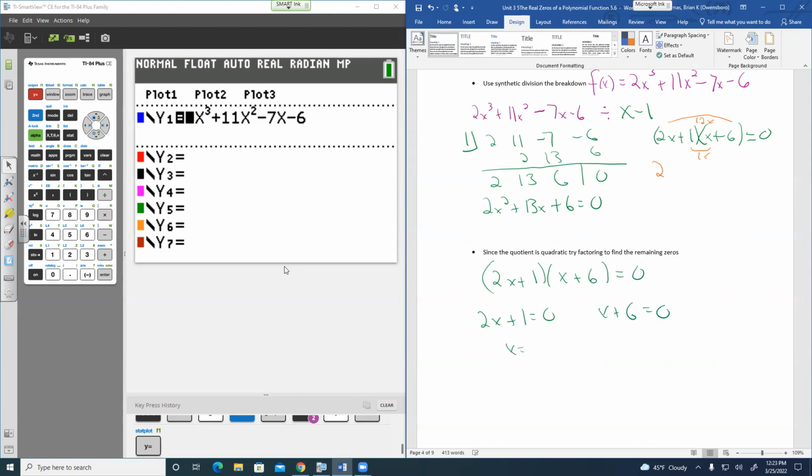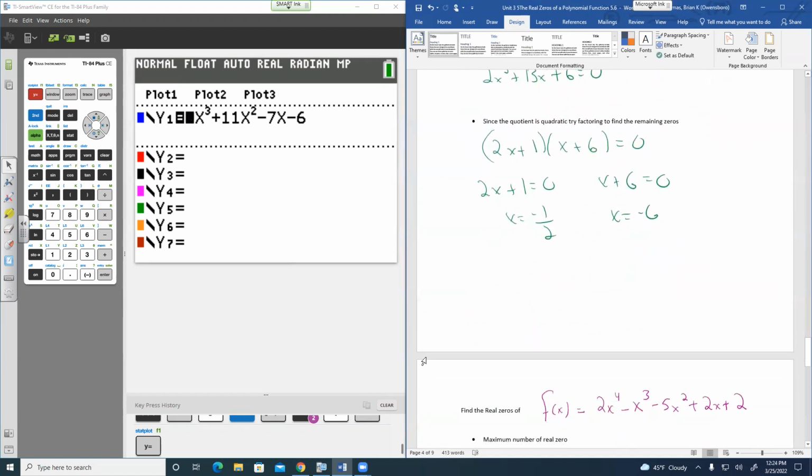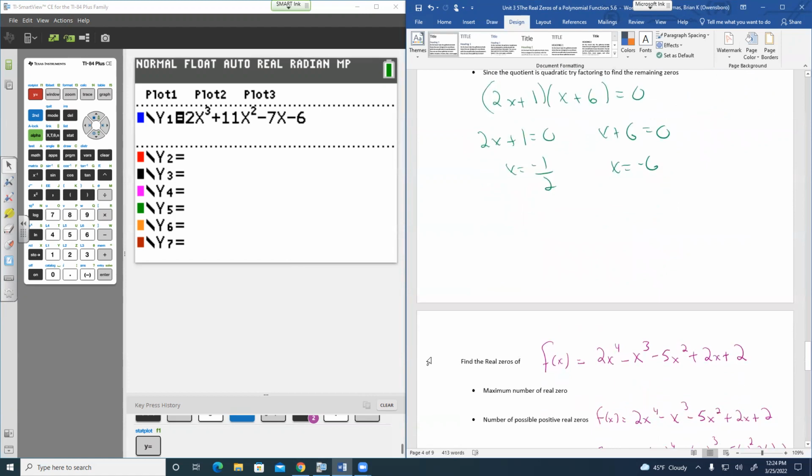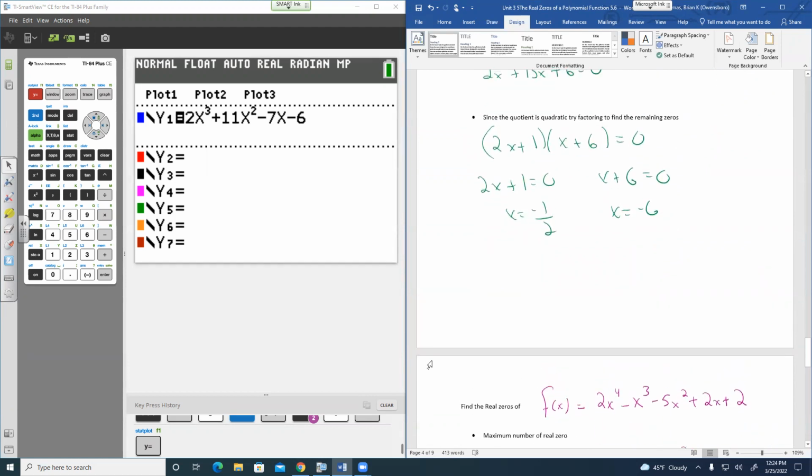So I have x equals negative 1/2 and x equals negative 6. So I found those two zeros. So what we've picked up on then is the zeros: we found 1, we found negative 1/2, and we found negative 6.